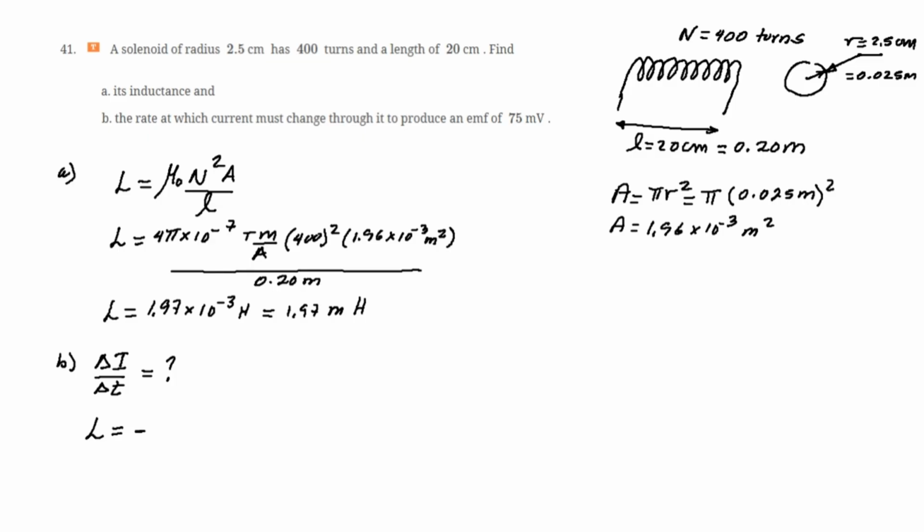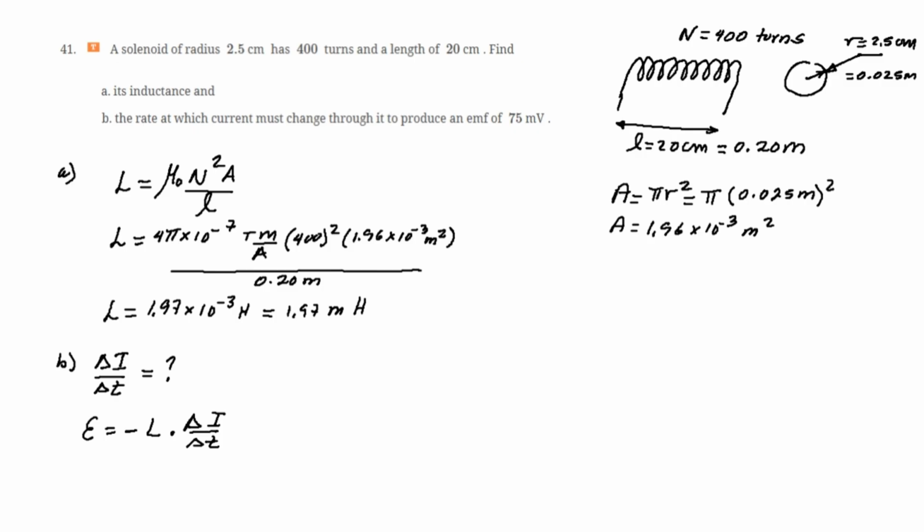We can calculate the electromotive force as negative the inductance times delta I over delta T. So this is the formula that I can use to calculate the electromotive force.